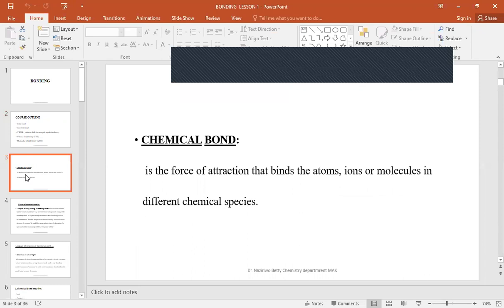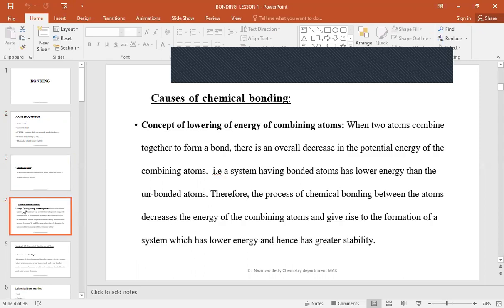What is a chemical bond? A chemical bond is the force of attraction that binds the ions, molecules or atoms in different chemical species. Why do you think elements form chemical bonds? There are two concepts.